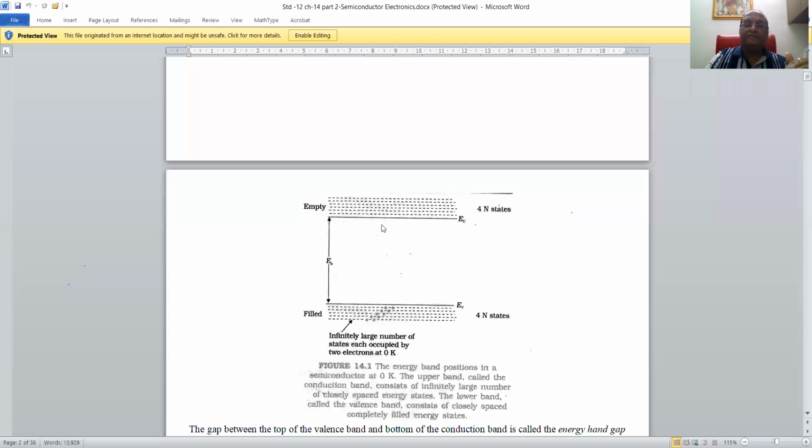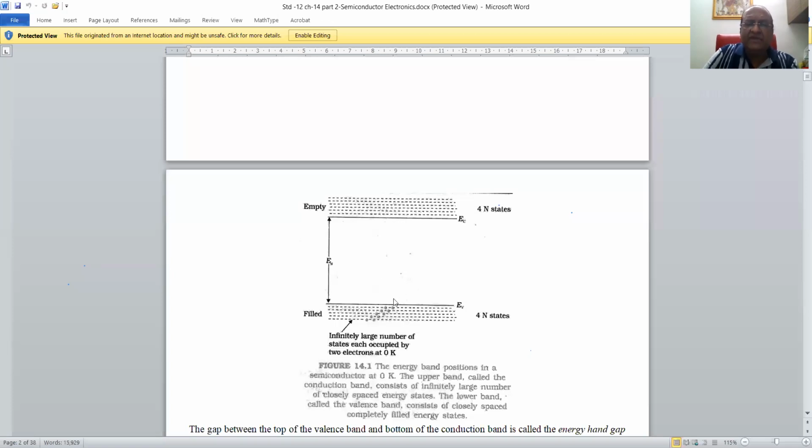Okay, but at room temperature, some electrons possess the energy and they transit to conduction band. Now conduction band is totally empty, so we can treat that particular electron as free electron which can take part in the conduction process. And at room temperature, we get some conductivity of semiconductors. Clear to all of you? Any doubt?